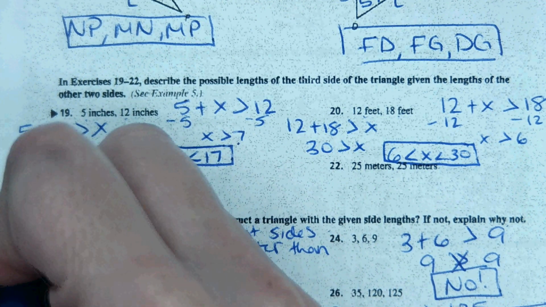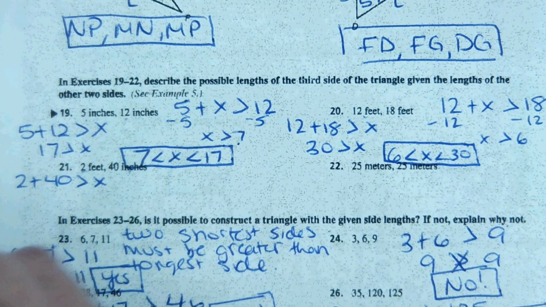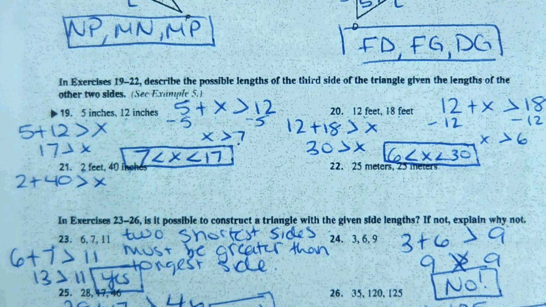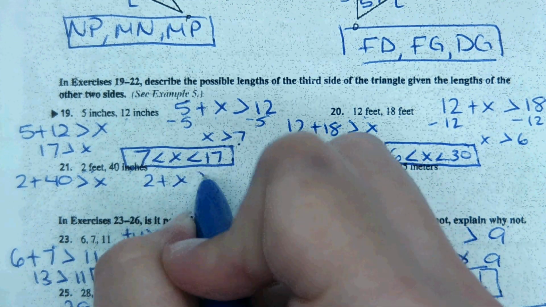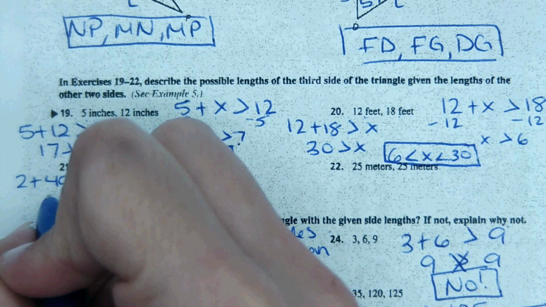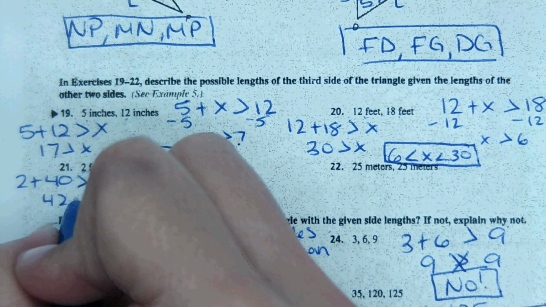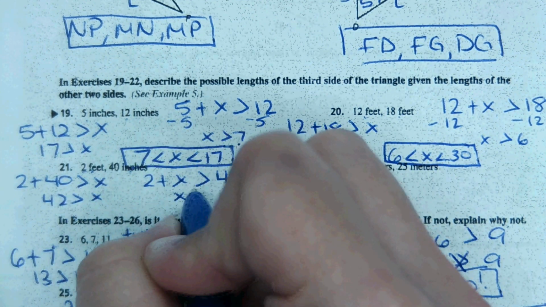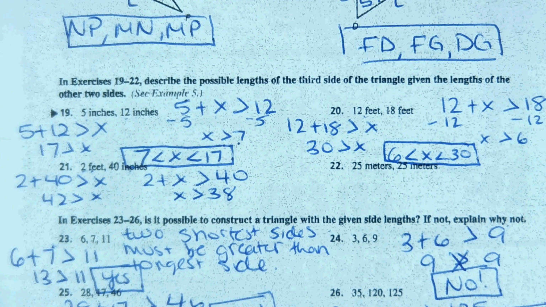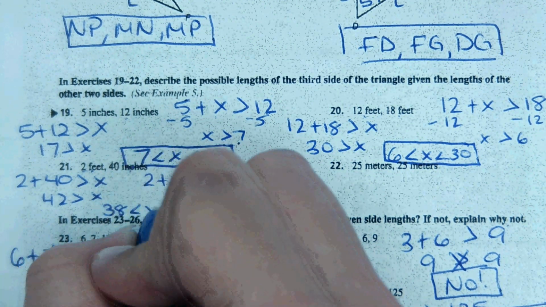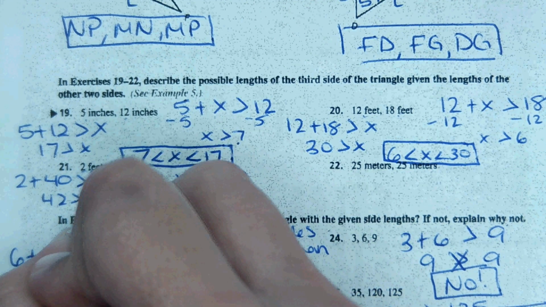If these are the two shortest sides, added together, they would have to be greater than x. If they weren't the two shortest sides, 2 plus the third side would have to be greater than 40. So 42 and 48. Then x would have to be in between 38 and 42.